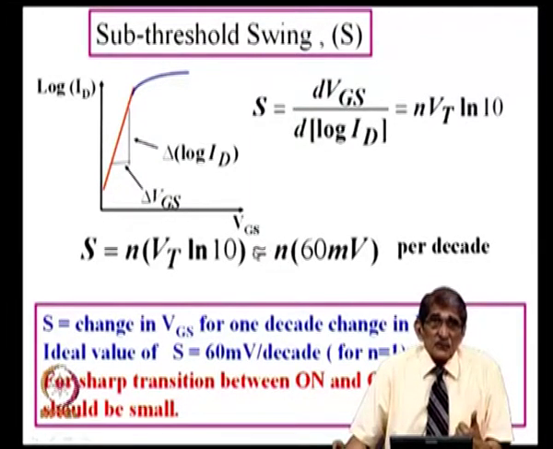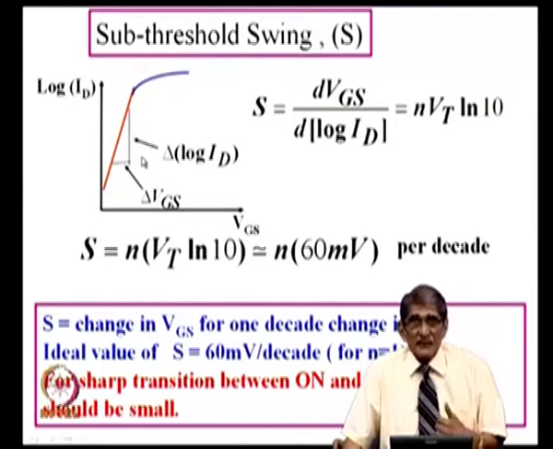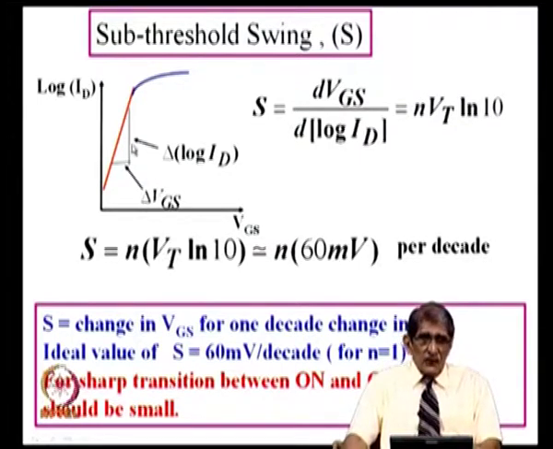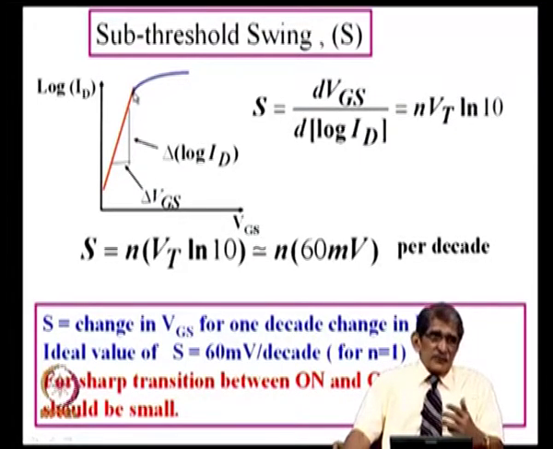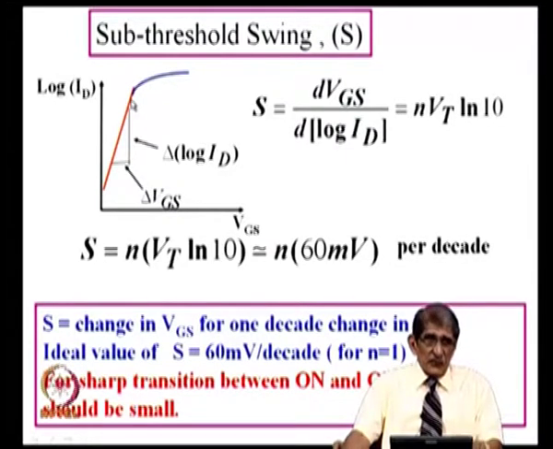If n is equal to, let us say, 2, the current will fall by 1 decade for every 120 millivolts. Let us say the threshold is 360 millivolts to make it easy, and n is equal to 2. When the current falls by 1 decade, the voltage will fall 120 millivolts.